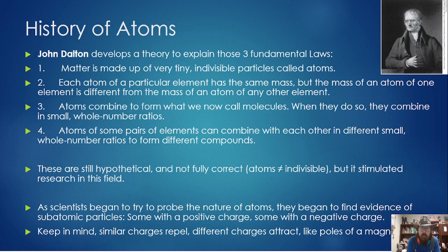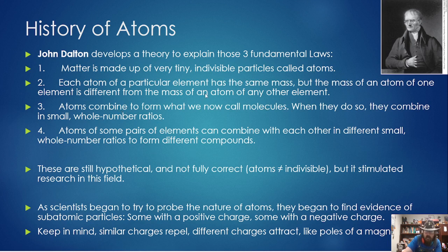Each atom of a particular element has the same mass. So every carbon weighs the same, but the mass of one atom of one element is different from the mass of one atom of another element. So carbon may weigh 12, but oxygen weighs 16. Hydrogen weighs 1. So each element has identical mass, but different elements have different masses.